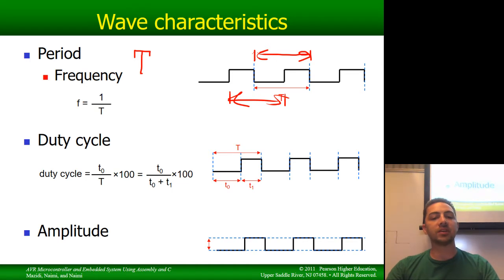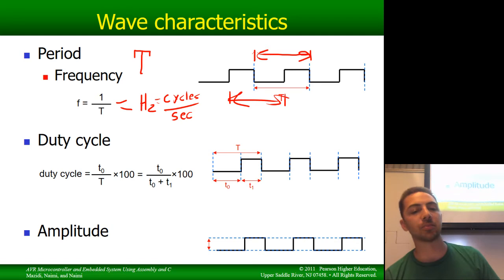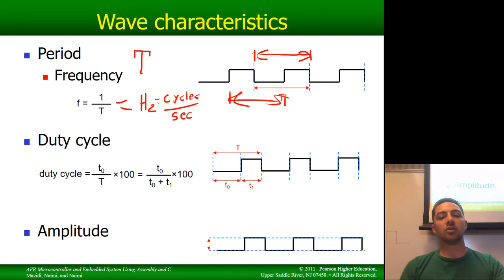And the frequency is 1 over the period, and it's usually measured in hertz. Hertz can be called cycles per second. These are the same thing. So the units on that are always 1 over seconds.